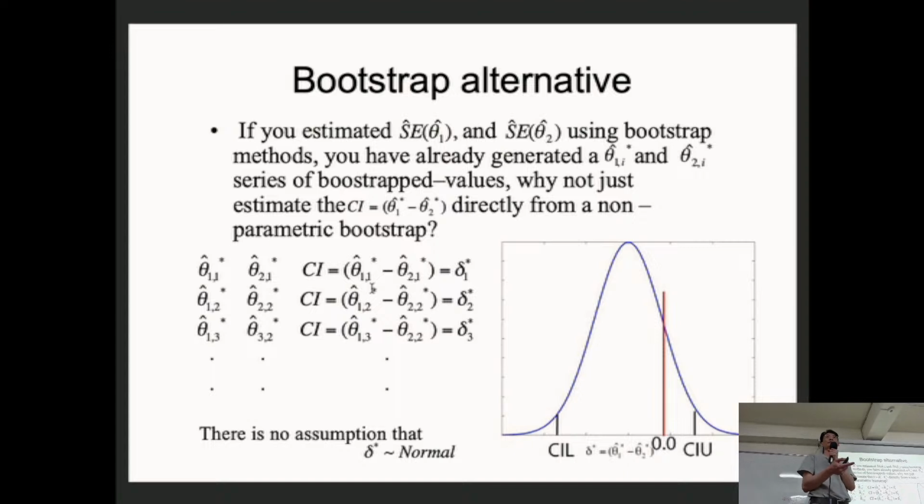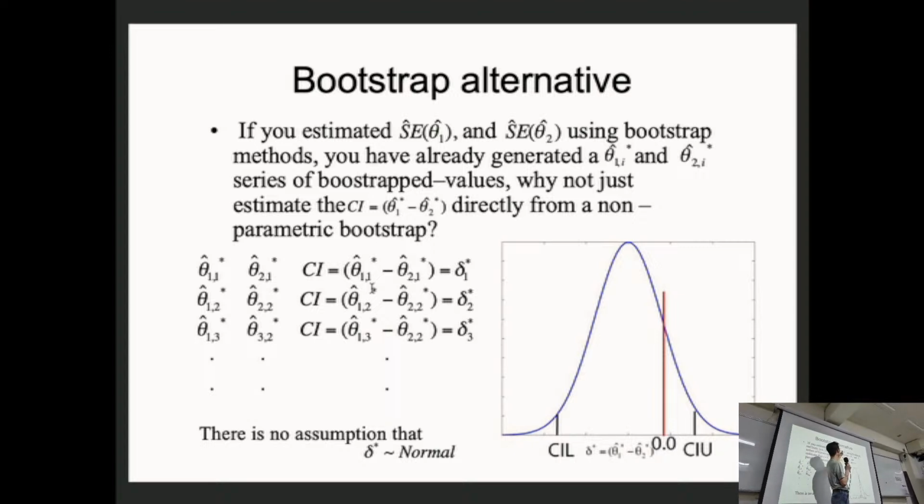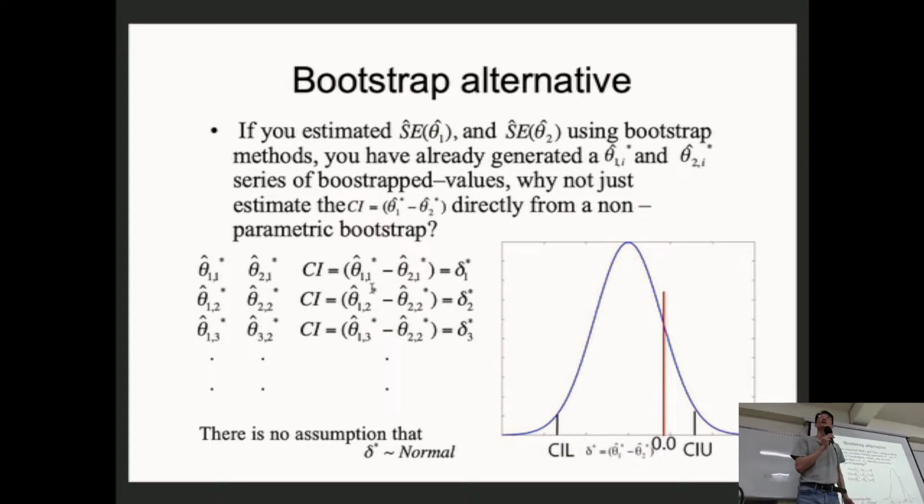Is it okay? Given the first sample, you can generate theta 1 hat, right? Given the second sample, you can generate theta 2 hat. And the difference is the difference in mean from your bootstrap. You can do this 1,000 times, right?